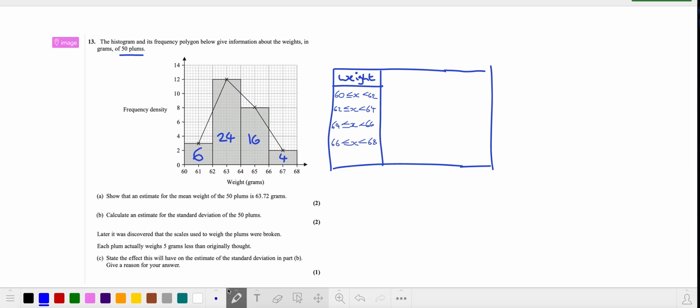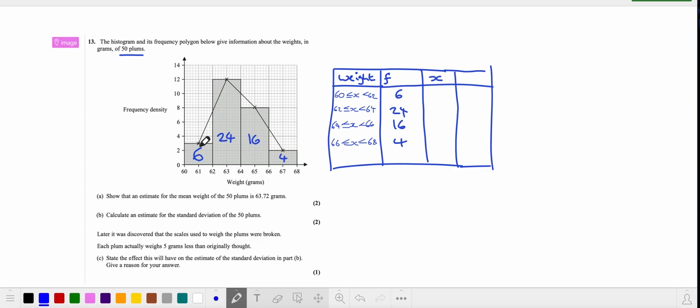So we're kind of used to seeing those kinds of tables where we've got our variable and we've got a corresponding frequency. I'll just put F. So frequency we know for that first group is 6, 24, 16 and 4. And if we are calculating an estimate for the mean, we've got to use the midpoint of each group, and we tend to call that x.